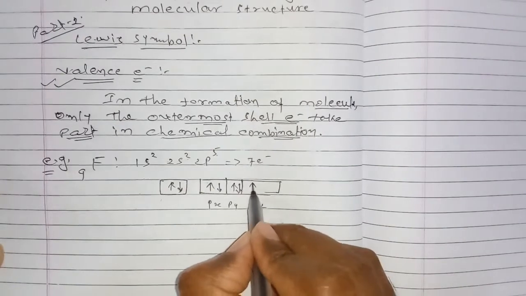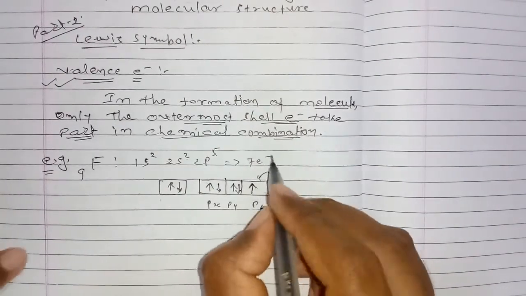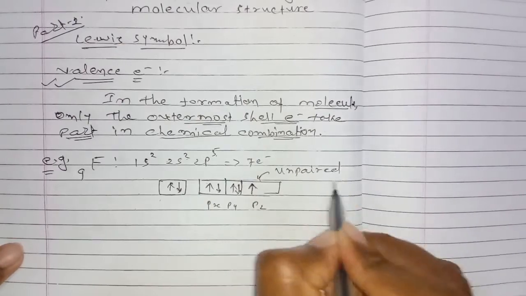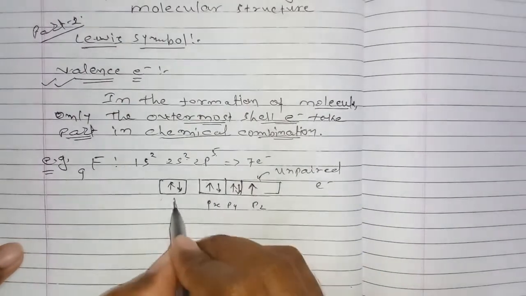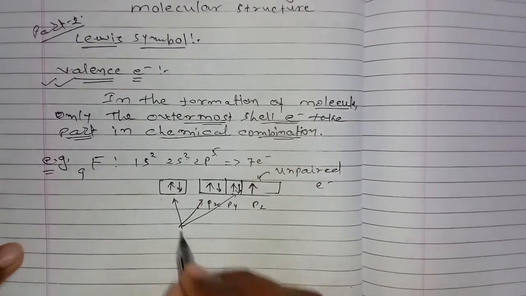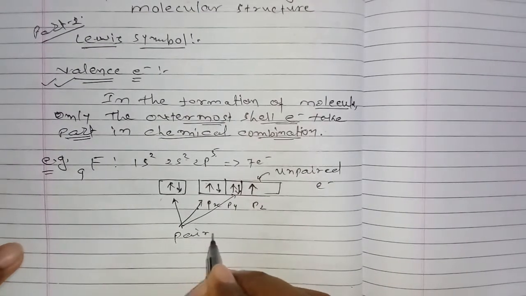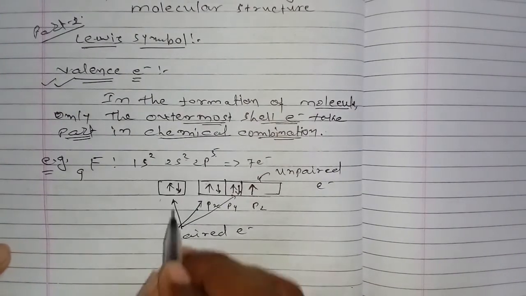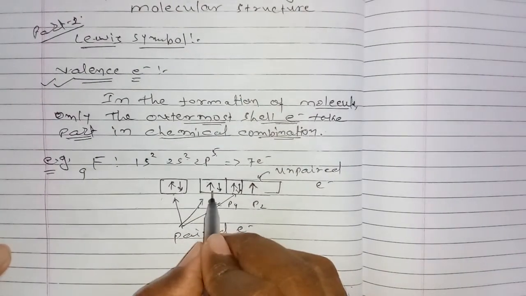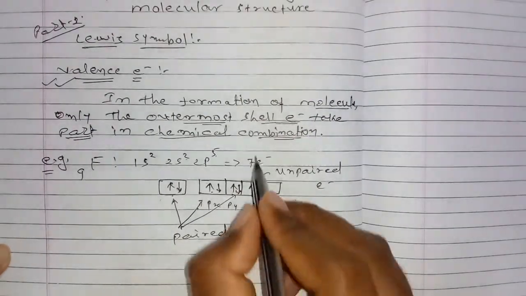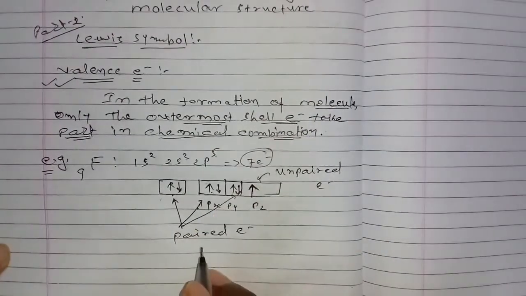Here is a single, unpaired electron, and these 3 are paired electrons. 2 plus 2 is 4, and 4 plus 2 is 6 electrons, and the one single electron, total 7 electrons.